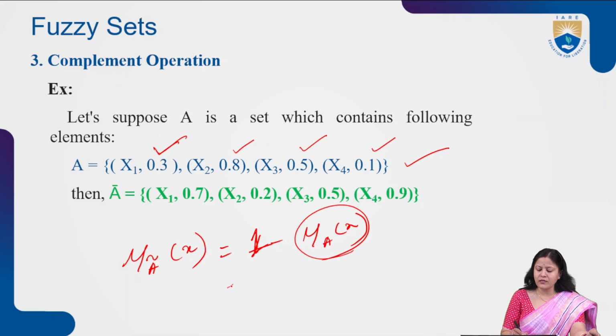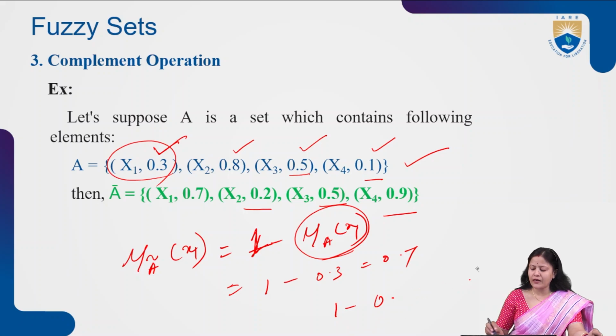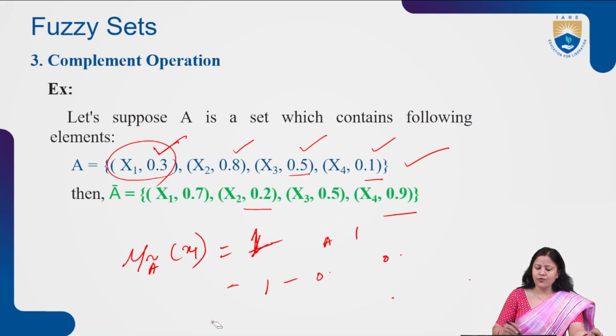So for the first element we will calculate 1 minus 0.3. It would be 0.7. Similarly, for the second one, 1 minus 0.8, it would be 0.2. So like this we can calculate, right? 1 minus 0.5 would be 0.5, 1 minus 0.1 would be 0.9. So like this we can calculate all the values for the complement operation using membership values.